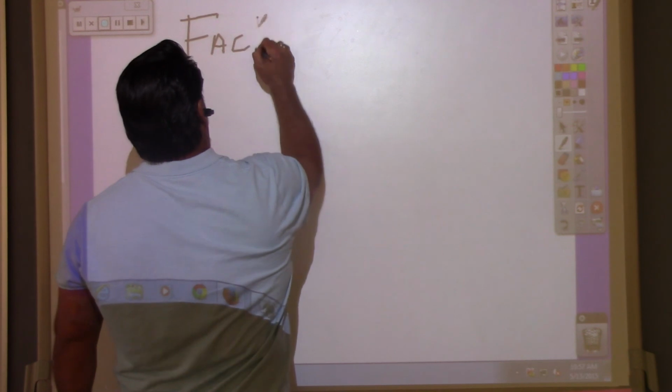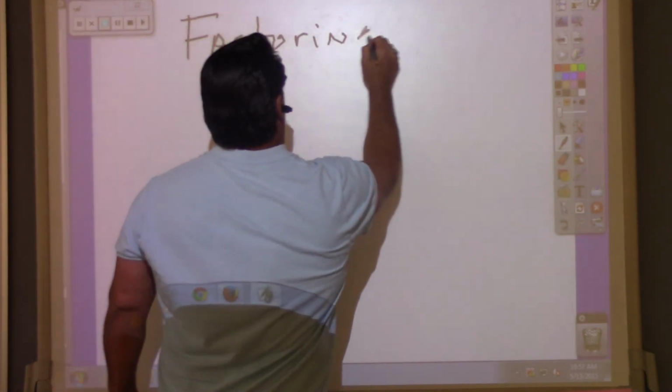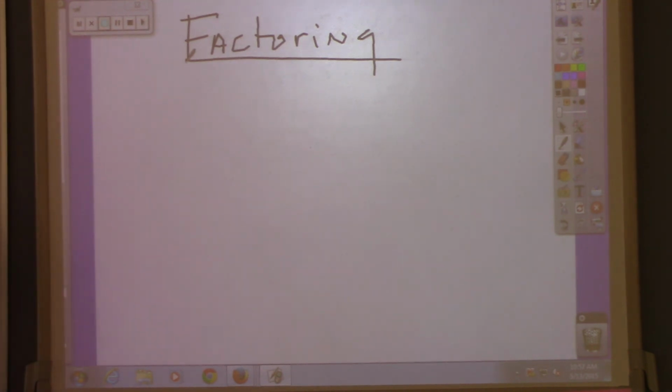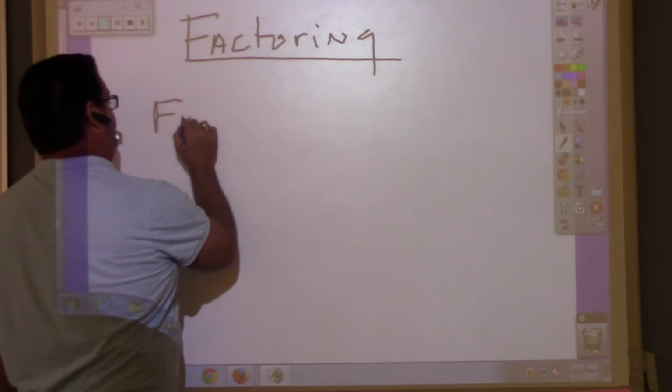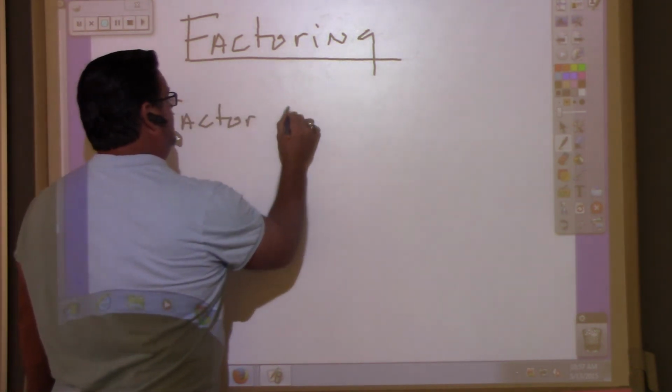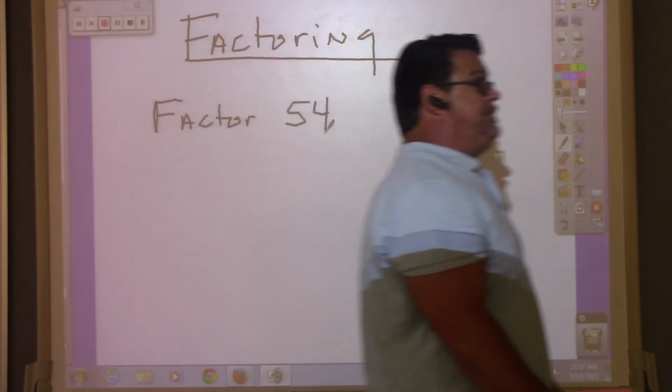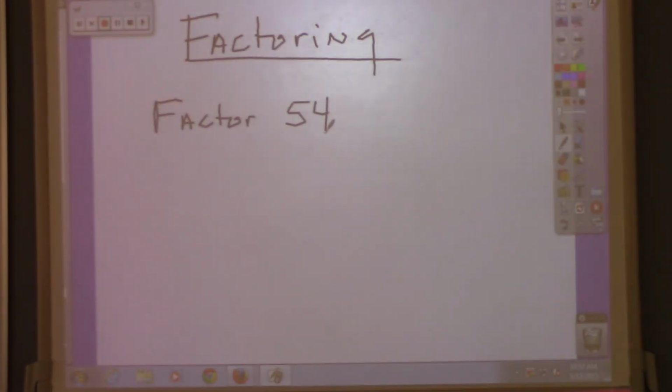Well, let's start off with something simple. As soon as you were in grammar school, you learned your multiplication tables. And if I was to tell you, factor 54, 90% of you would say 54 is equal to what? 6 times 9.